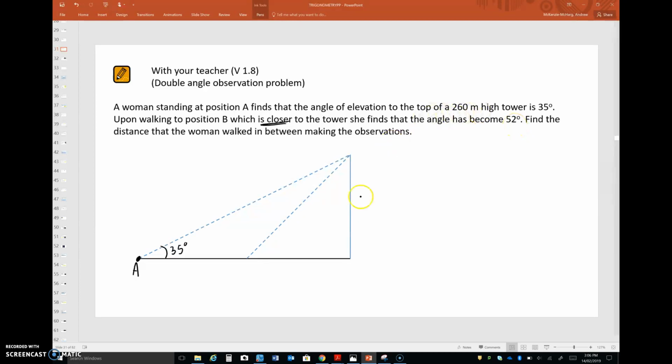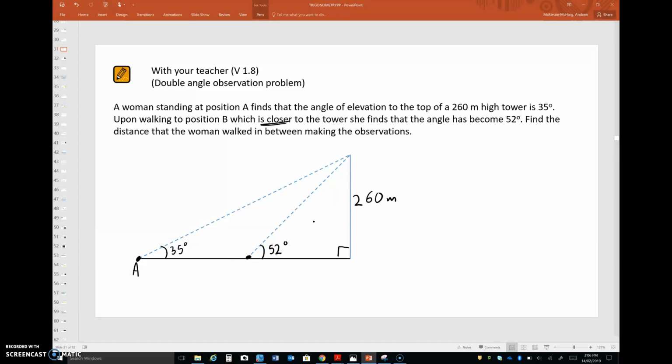So the 260 metre high tower, that's going to go on this side of the triangle over here. And we're assuming that this is a well-built tower that's perpendicular to the ground, so there's a right angle in that corner. So then position B, she walks from A to B, and it's 52 degrees of angle of elevation there.